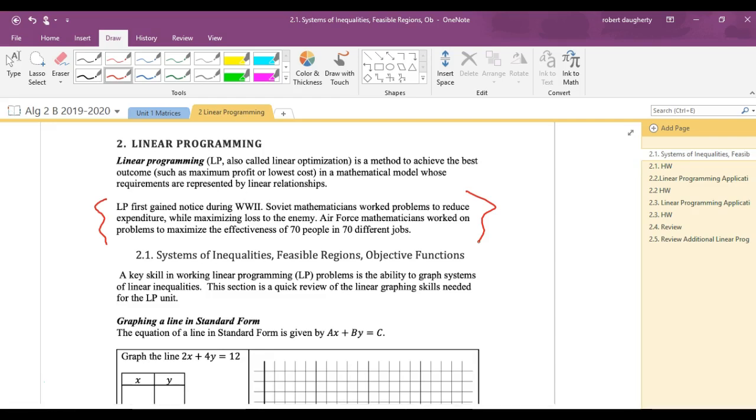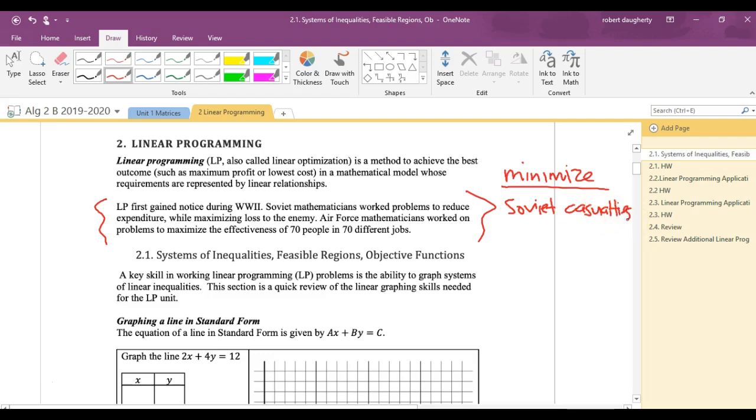So for example, if you were the army, just think about it. If you're the Soviet army in World War II, what do you want to minimize? Your casualties. They would like to minimize Soviet casualties.